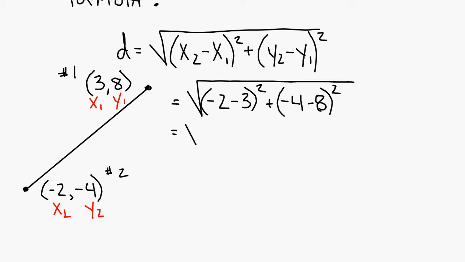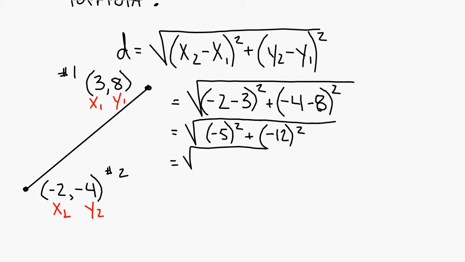Alright, so look, now just on -2 minus 3, that's going to be -5 squared plus -4 minus 8, -12 squared. That's going to be the square root of 25 plus 144, which is going to equal the square root of 169.